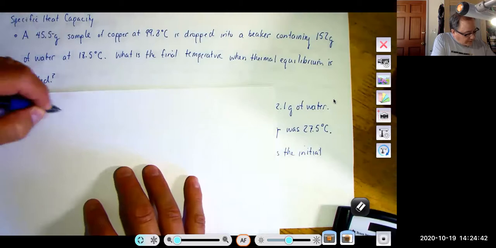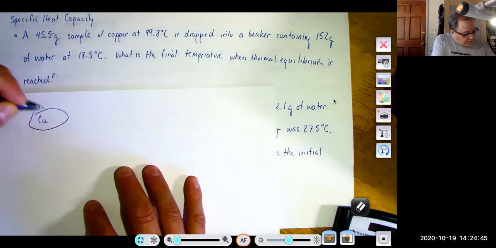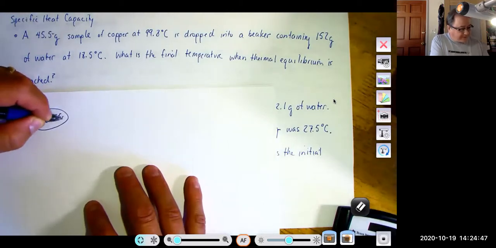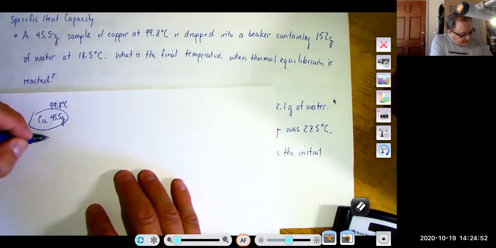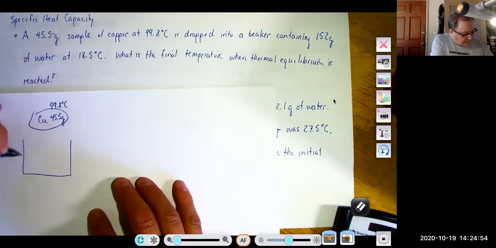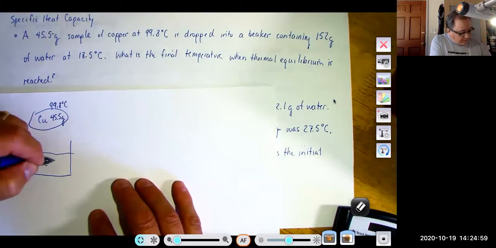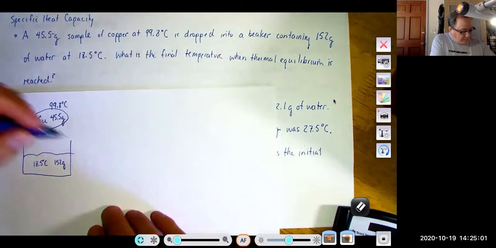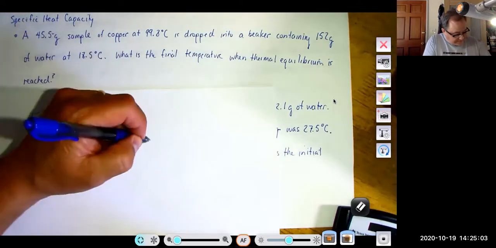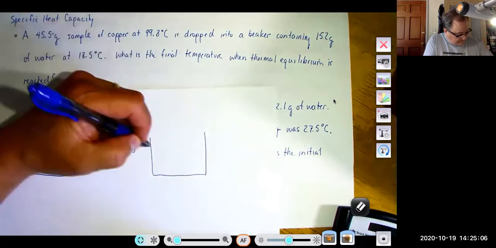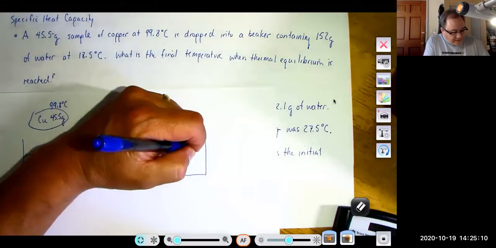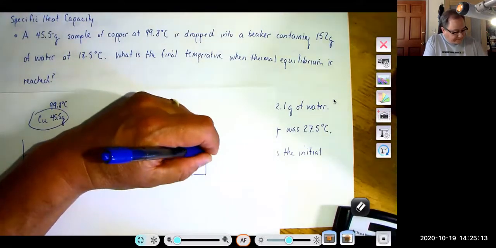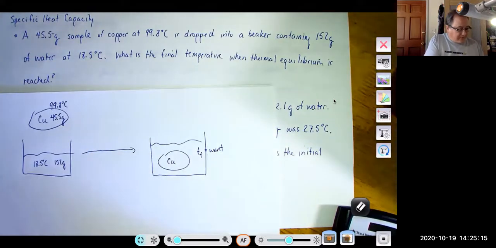So here's my copper. I have 45.5 grams and it's 99.8 degrees Celsius. Here's my water. It's at 18.5 degrees Celsius and 152 grams. We combine the two together. Here's the copper. And T final is what we want. Okay, so we're going to need a few things here.